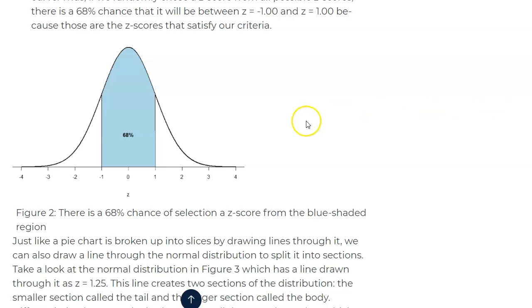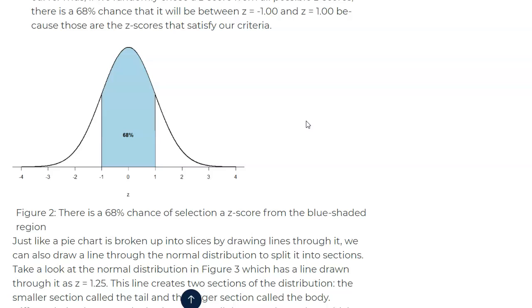When we talk about probability, we can connect it back to our z-scores. If you remember the empirical rule, the 68% is within one standard deviation, -1 to 1 around the mean. We can interpret that as 68% of the population fitting within that area.